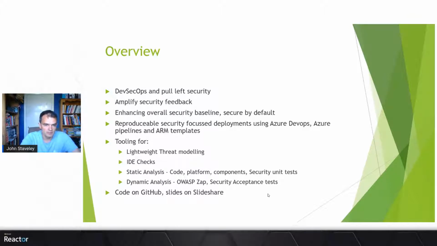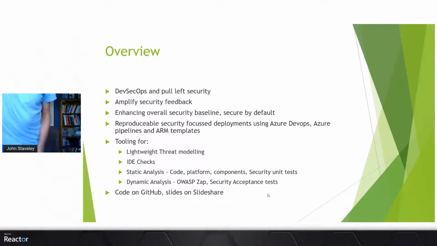And we're going into great detail about some of the tools you can use in order to enable that. We're going to be talking about how we can enhance our overall security baseline and use secure by default, and then use reproducible security-focused deployments using Azure DevOps as our build pipeline with Azure Pipelines and ARM templates to set up the resources and infrastructure.